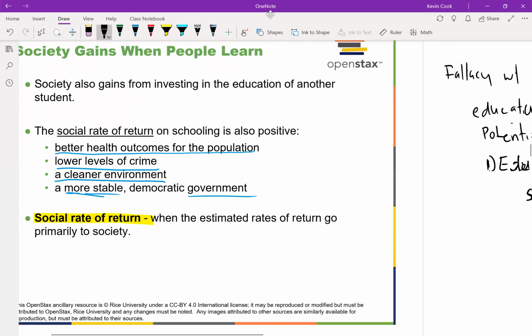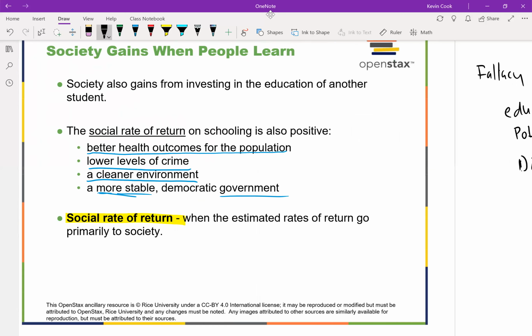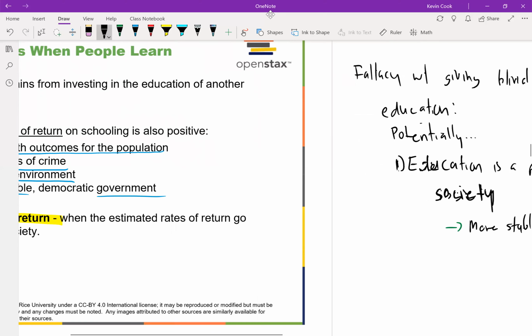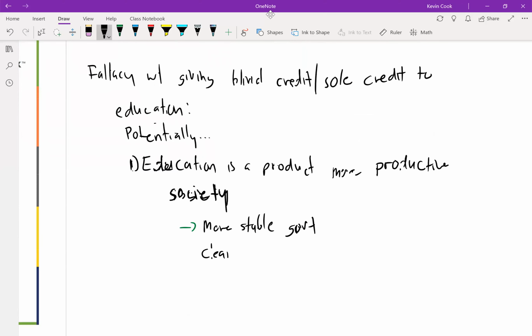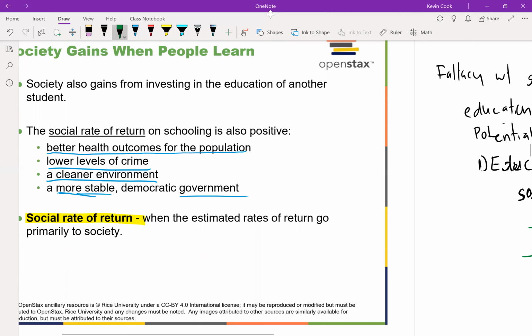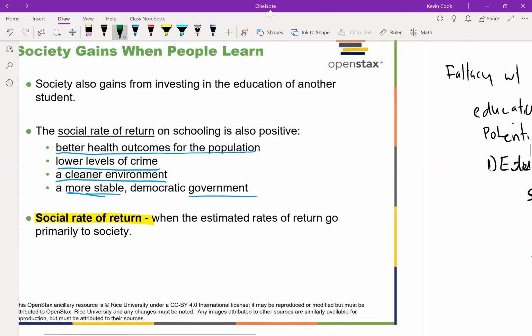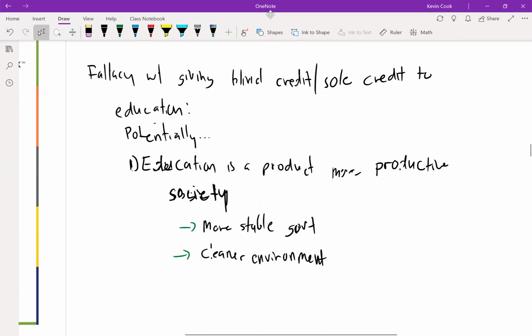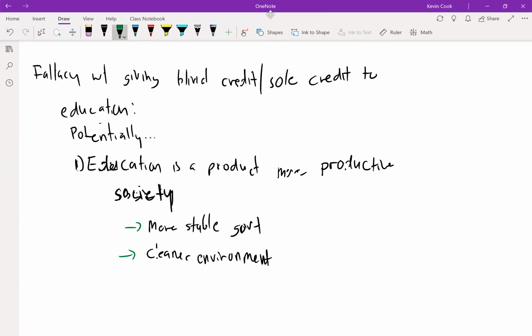So we have this more stable government, a cleaner environment, and potentially a lower level of crime. But I'm going to get to the lower level of crime in a second. And this also leads to these better health outcomes.